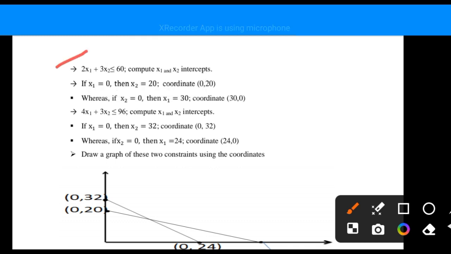For this constraint 2x1 plus 3x2, x1 equals what when x2 is 0. The intercept is found, as we know from linear equations, by setting x2 to 0. So when x2 is 0, 60 divided by 2 is 30.